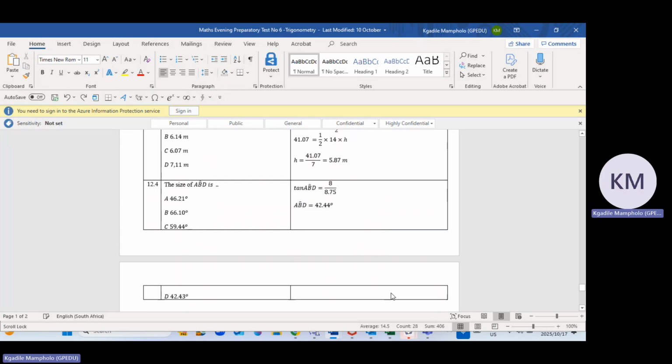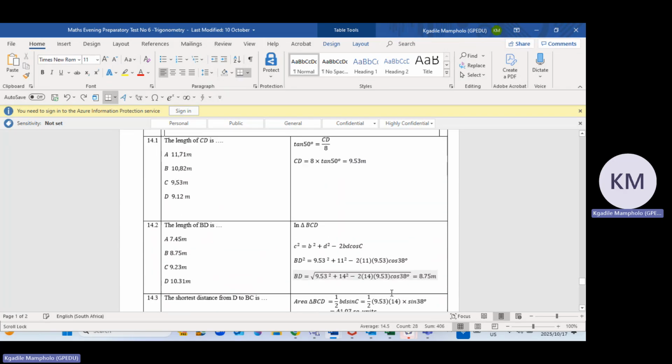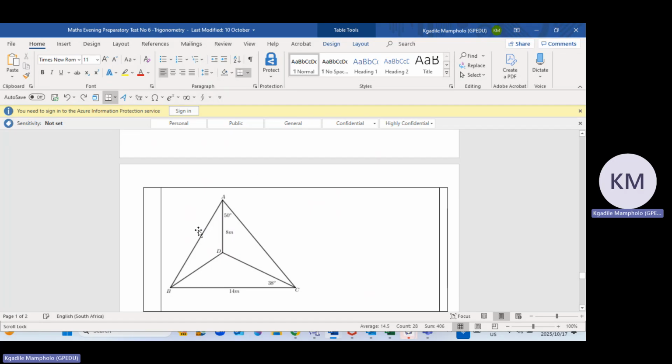The size of ABD. Let's check the size of ABD. ABD, we talk about this size. Since we know BD and we also know AD, we can use the ratio tan. Tan is opposite over adjacent.